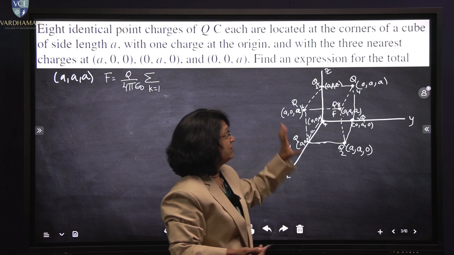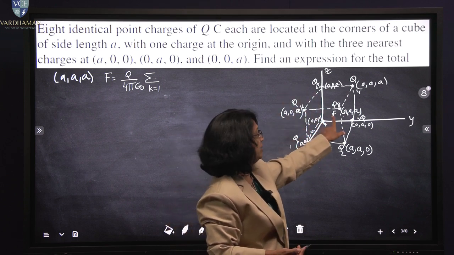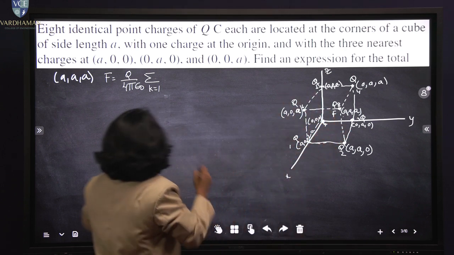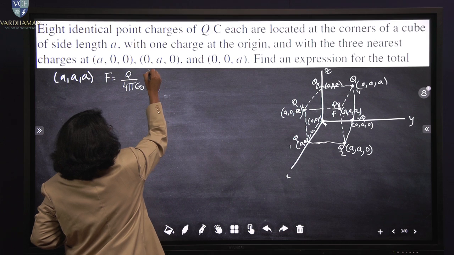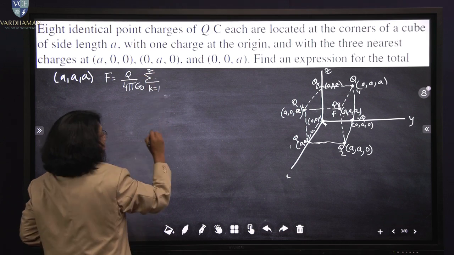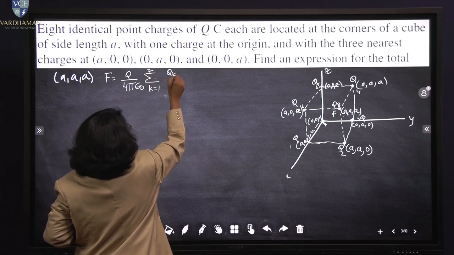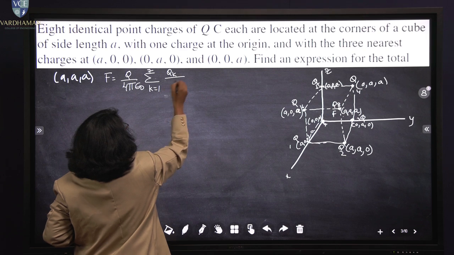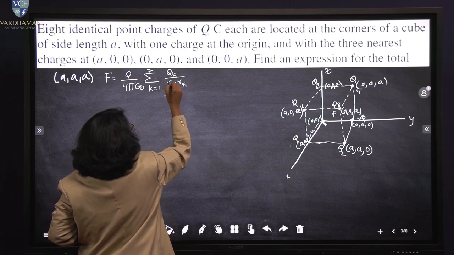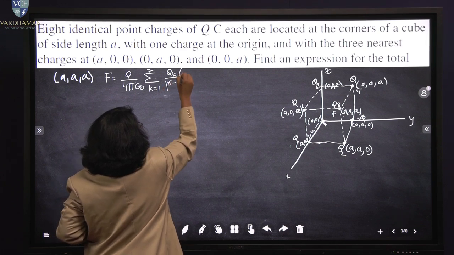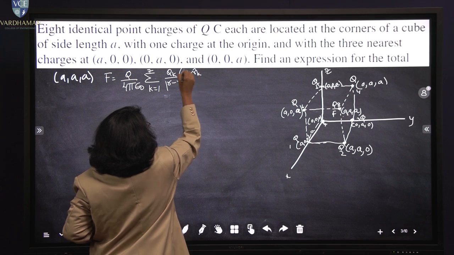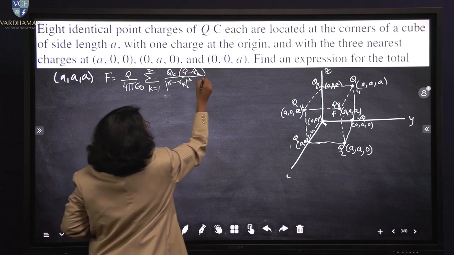So there are 7 point sources and 1 point of interest. So I am writing the 7 point sources as k is equal to 1 to 7, qk by magnitude of r minus rk cubed, into the vector r minus rk. So this is the formula.